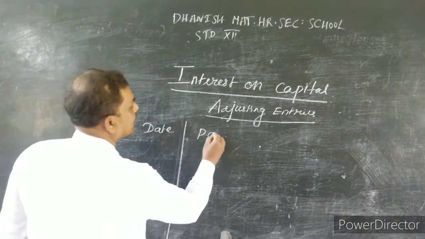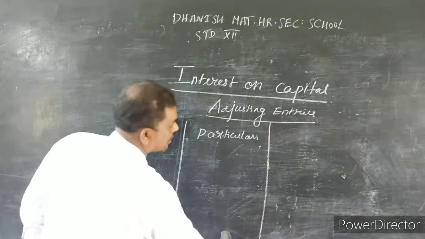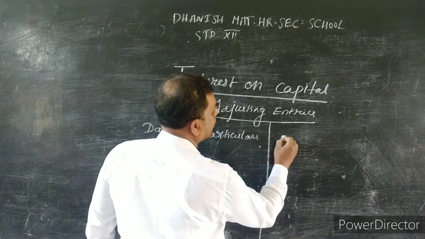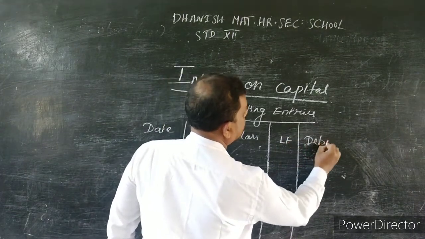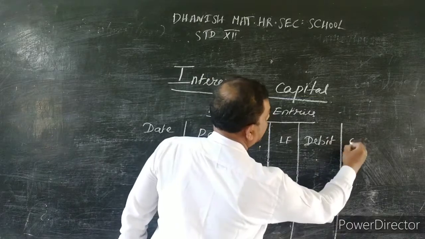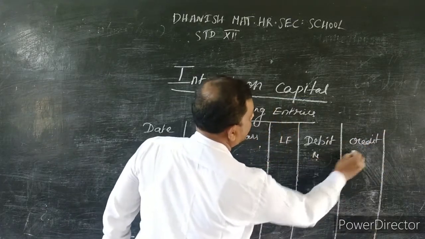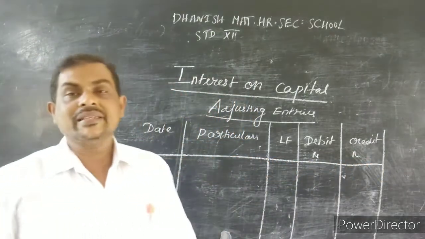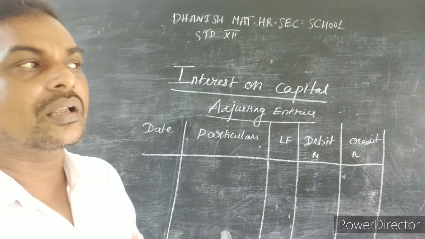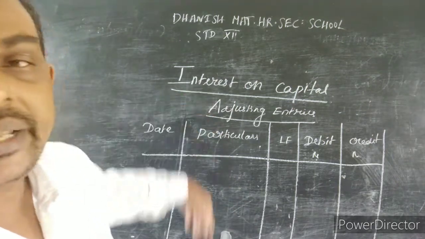Date, particulars, debit LF, debit and credit, rupees. In the examination they ask for the adjusting entry for interest on capital.